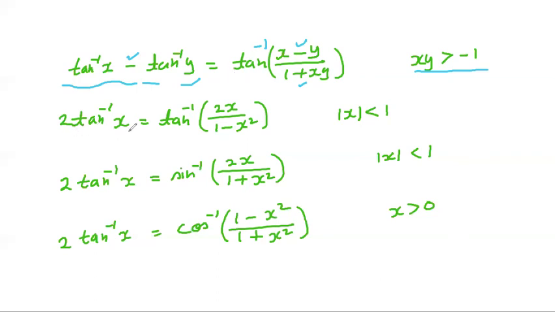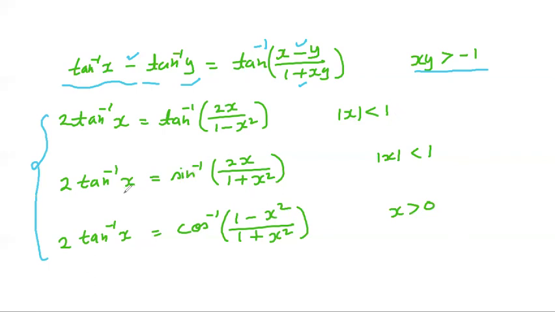Twice of tan inverse x. There are three formulas here: one in tan inverse, one in sine inverse, and one in cos inverse. 2 tan inverse x equals tan inverse of 2x upon 1 minus x square, where mod x is less than 1.